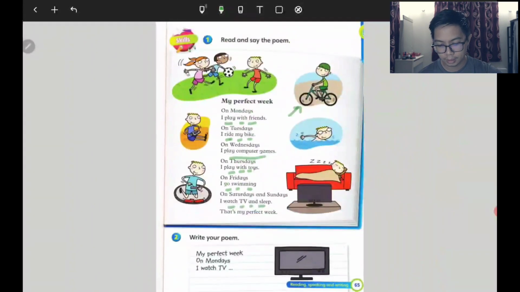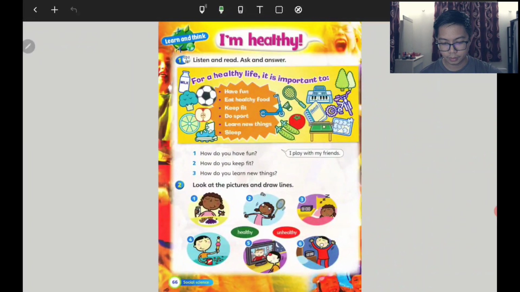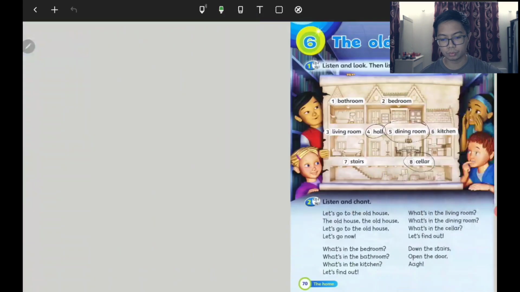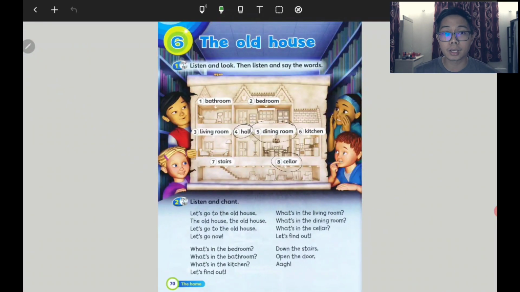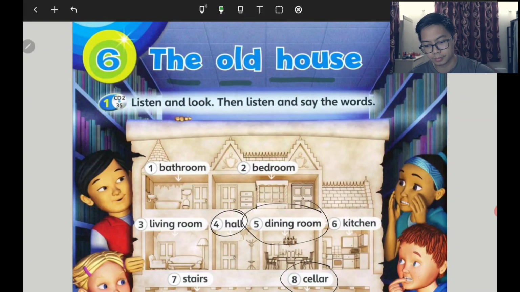Sleep is also an activity, okay? Okay, so all of this you have to study at home. Okay, remember that. Okay, next, Unit 6, The Old House.